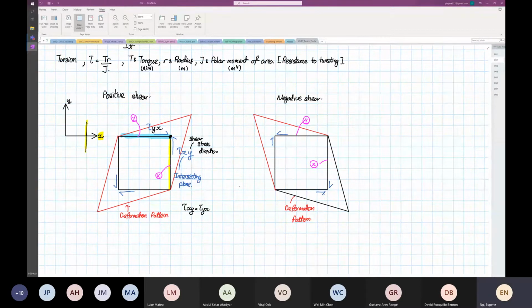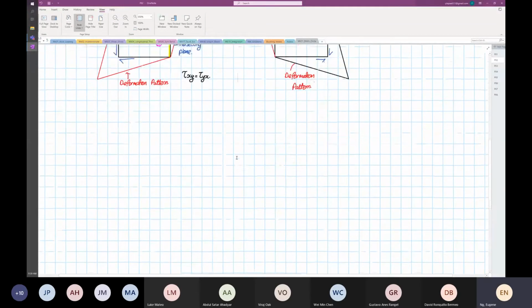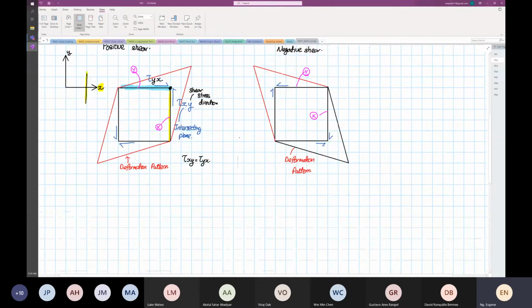Right. So let's look at the Mohr circle now. I'm going to draw the Mohr circle now. On the Mohr circle, this is my axis, normal stress, and shearing stress.